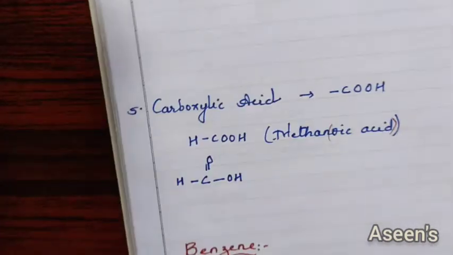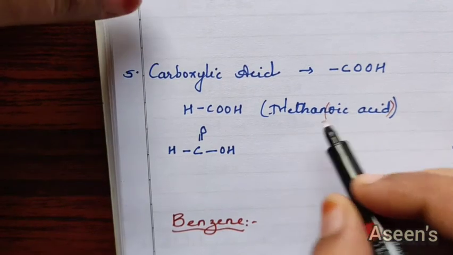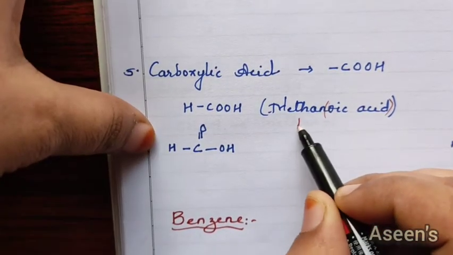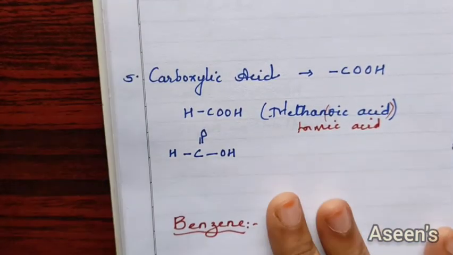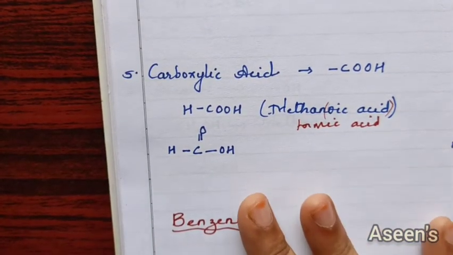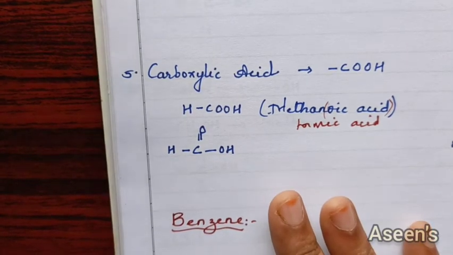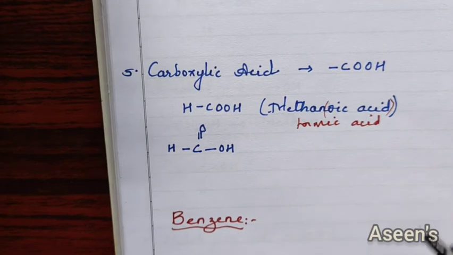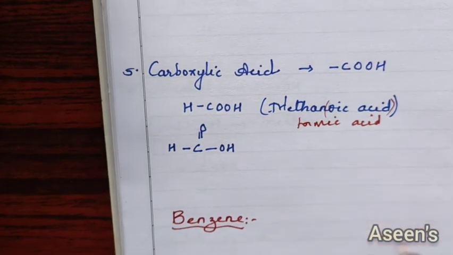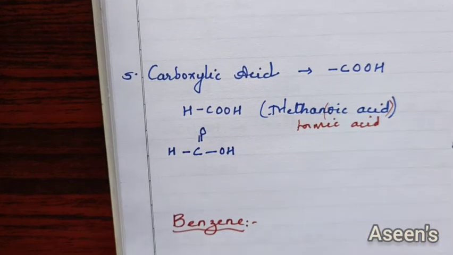Now, there are some members which you need to remember by their other names. Methanoic acid is also called formic acid. This is what is present in ant bites and honeybee stings. The burning sensation you get when these animals bite or sting you is because of this formic acid.